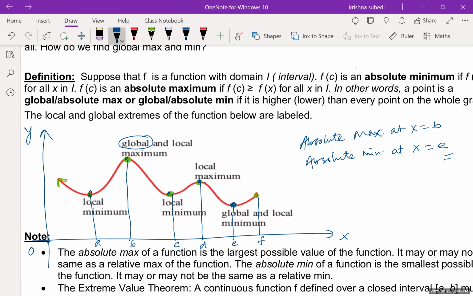Now, mathematically speaking, what we can say is that this point is f of b. So f of b is greater than all other points in the graph.